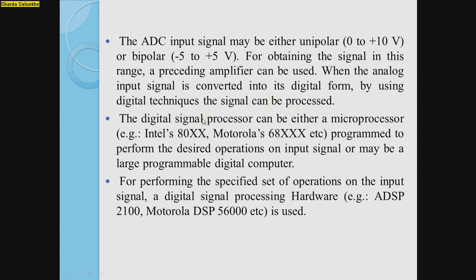Next, after the A to D conversion, the digital signal is fed to the digital processor. That digital processor may be a microprocessor, that is Intel 80XX series or Motorola series, programmed to perform the desired operation. So the desired operation can be done on the input signal, and it may be a large programmable digital computer.